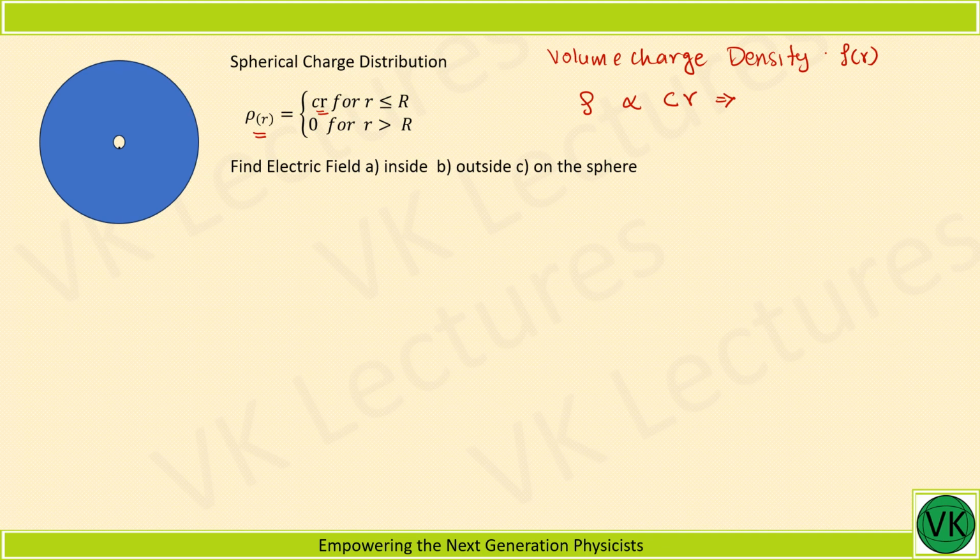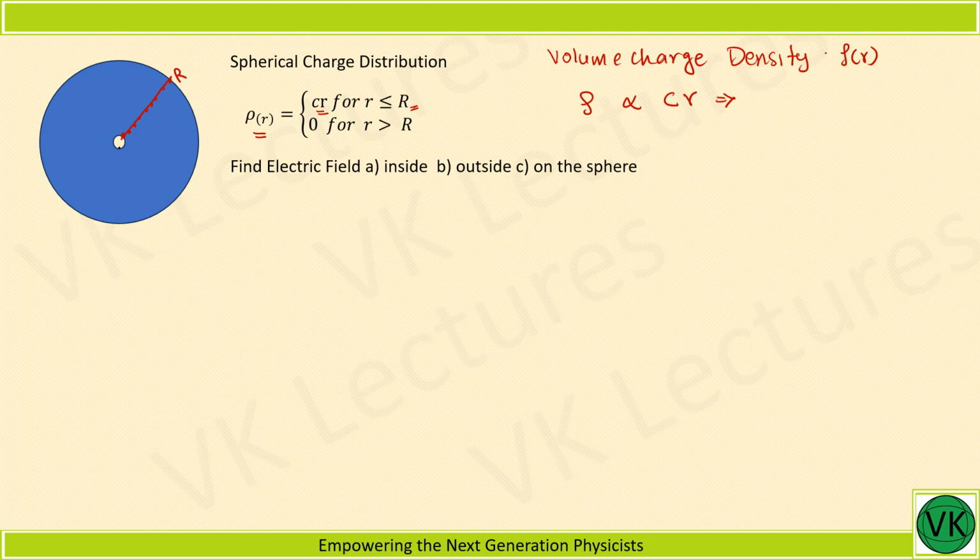This charge density is only up to the radius. That means from here to here, as you go from 0 to the capital R, the charge density increases. Here it is low, and as you go away from the center and reach the surface, the charge density keeps increasing as a function of r.